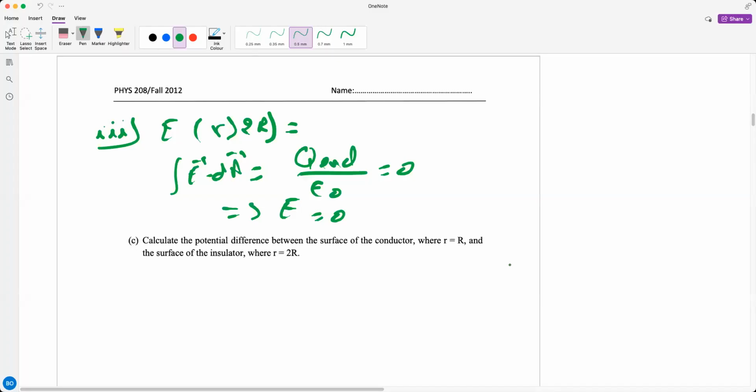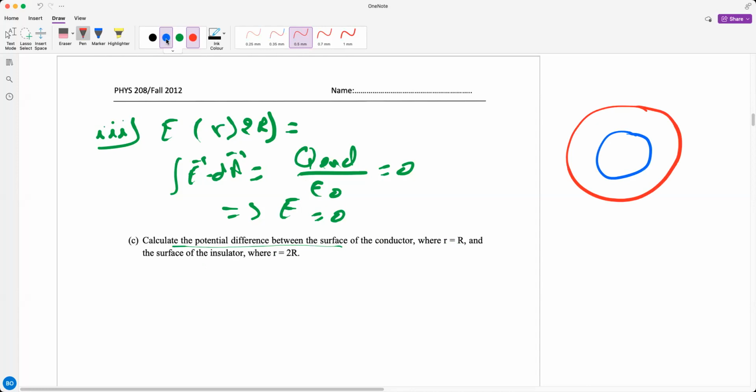Now, here is the question. Calculate the potential difference between the surface of the conductor, where r equals R, and the surface of the insulator, where r equals 2R. Remember, again, we have the conductor, and then we have the shell.